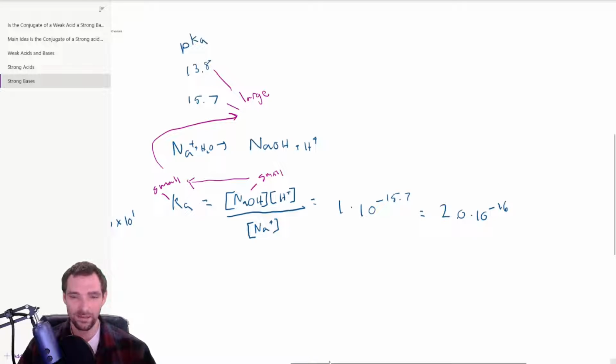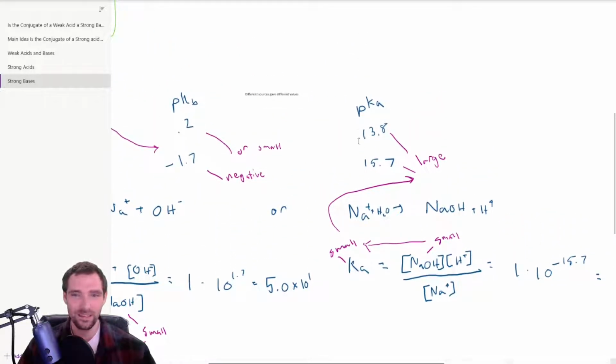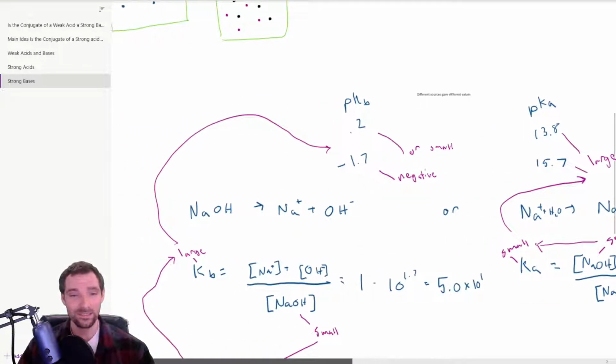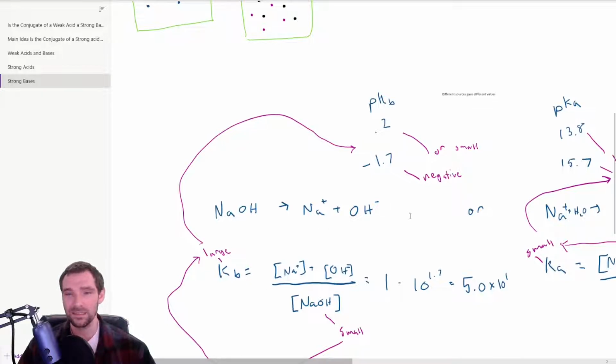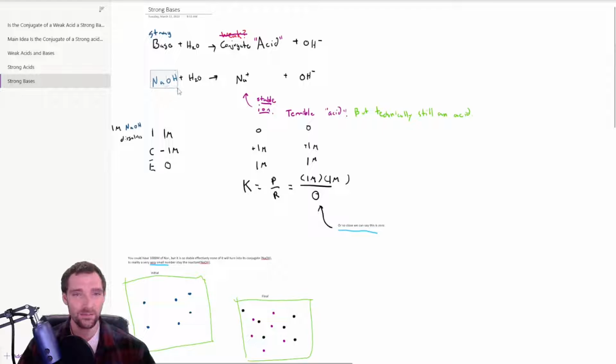So also keep in mind that these different numbers came from slightly different sources. So I've been working with this number and that number, but it's really hard to get a Ka value for some of these strong acids and bases. They're variable, and I can imagine that we're dealing with such small concentrations of sodium hydroxide that there's some experimental error that comes in when we're trying to measure those concentrations.